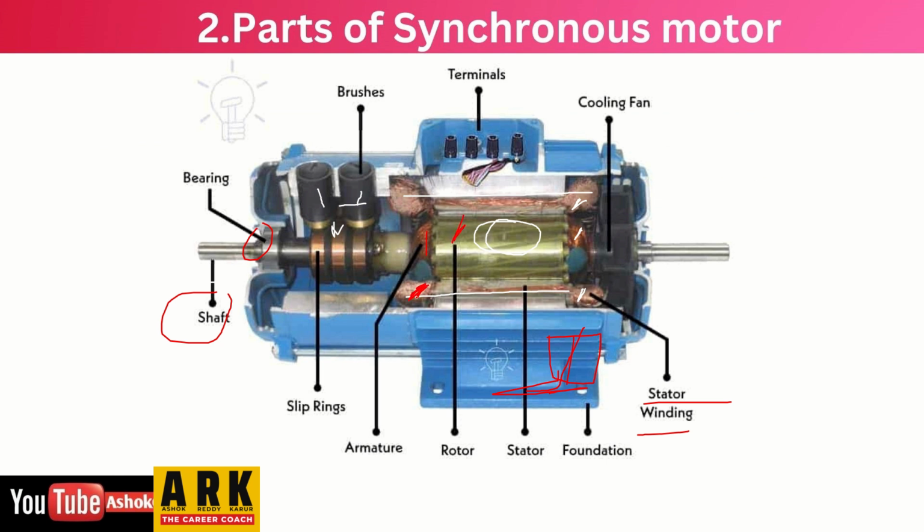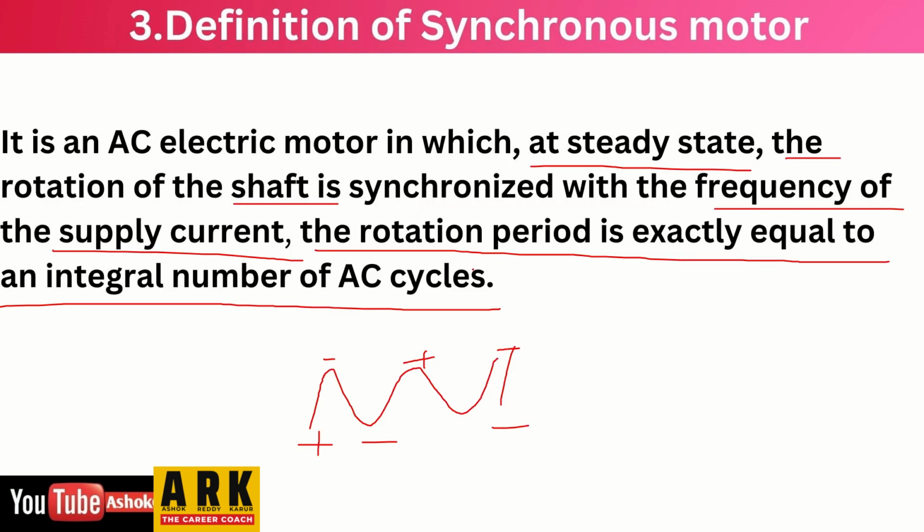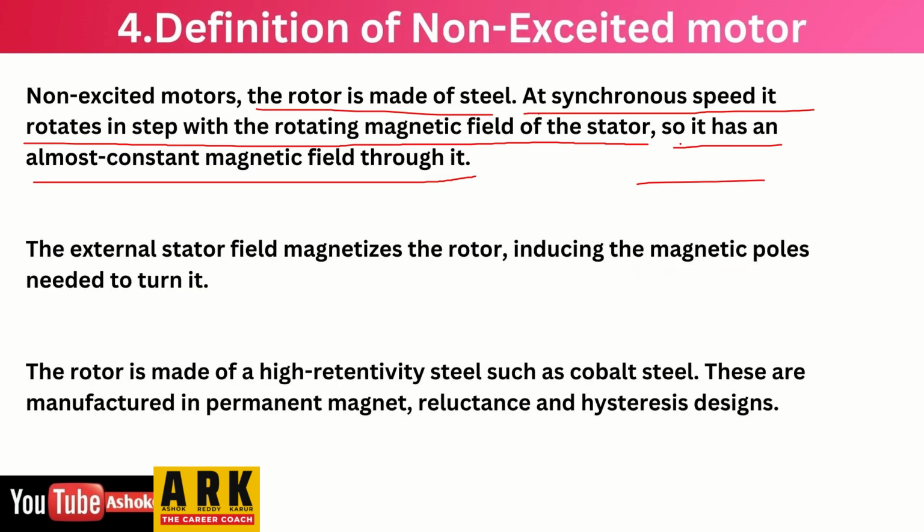The stator will not require any additional DC current. Normally in the synchronous motor we give additional DC current, but in the non-excited motors the EMF is taken only from the stator current, induced here, and from that it stays in sync and rotates along with it.